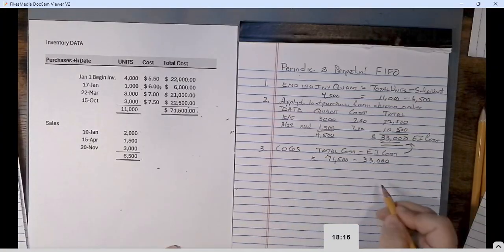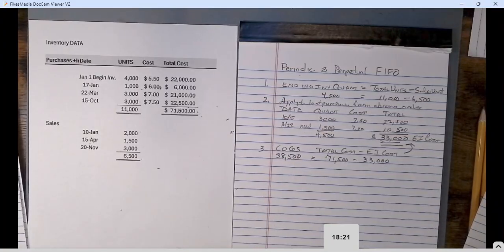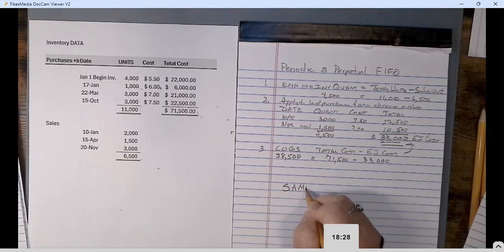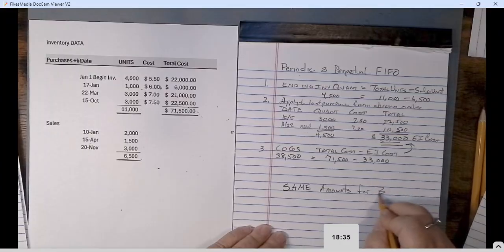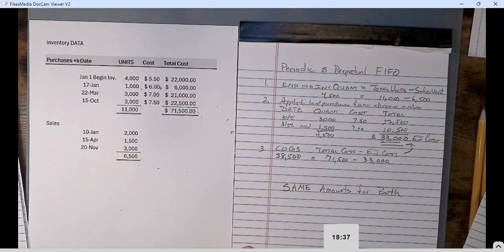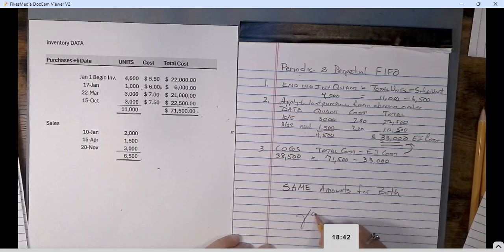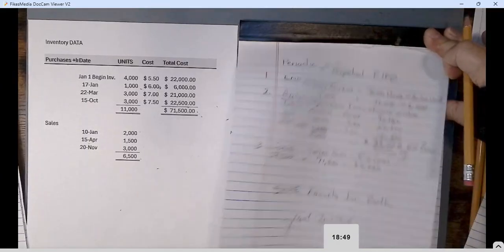And I'm going to have 38,500 for cost of goods sold. Same amounts for both under FIFO. Makes it really easy. So this is the fast method. Okay, if you get something that asks on the FIFO, that's the fast method.